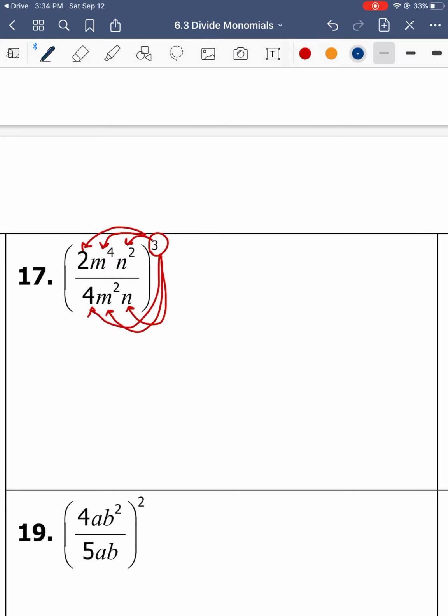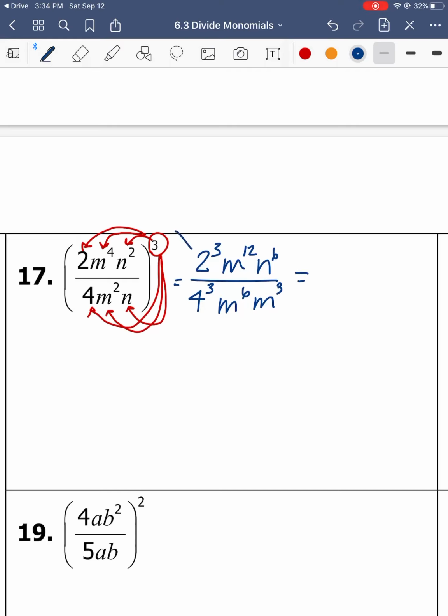Okay, so let's rewrite that first. So we have 2 cubed up here, m to the 4 times 3, which is 12, n to the 2 times 3, which is 6. That's the numerator. And then we have 4 cubed in the denominator, m to the 2 times 3, which is 6, and then n to the 1 times 3, which is 3.